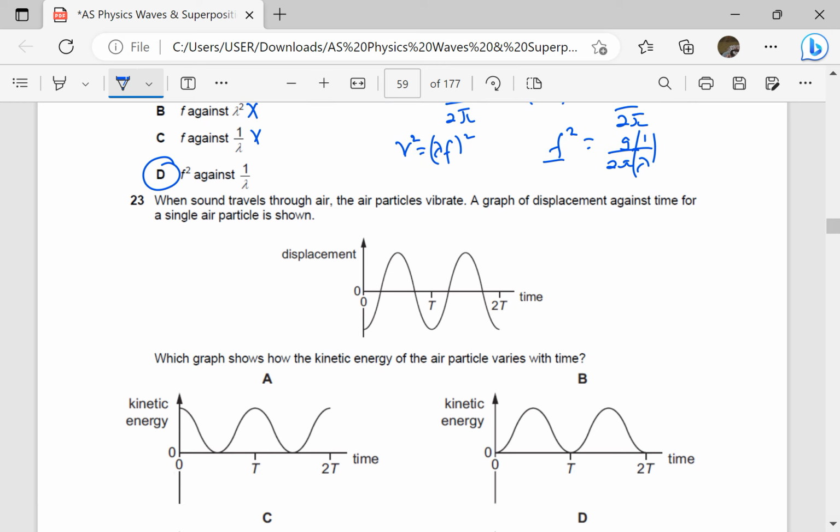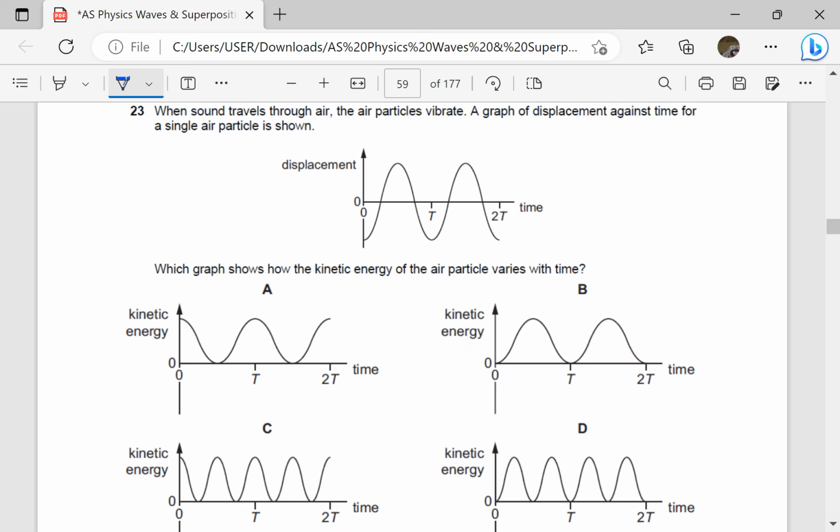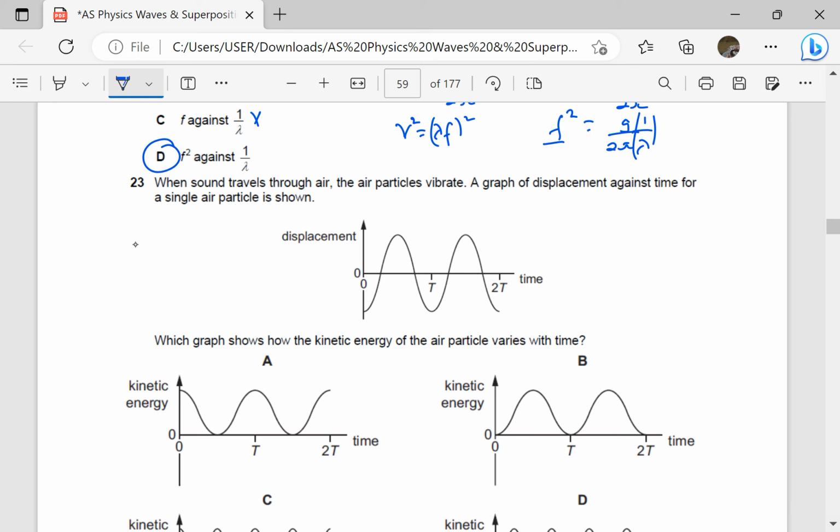When sound travels through air, the air particles vibrate. A graph of displacement against time for a single air particle is shown here. Which graph shows how the kinetic energy of the air particle varies with time? When the displacement is maximum, the speed is 0, so kinetic energy should be 0.